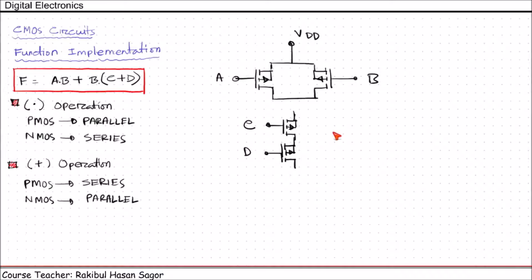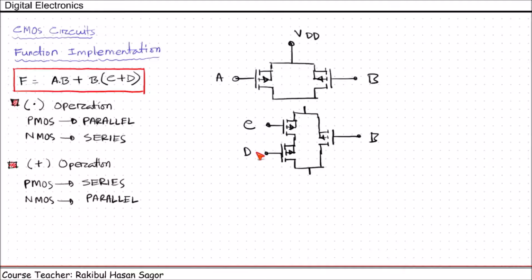So we need to use another PMOS for B. This is for B, and they are to be connected in parallel with C or D. So this portion is C or D, and this portion is B multiplied with C or D. That is done.